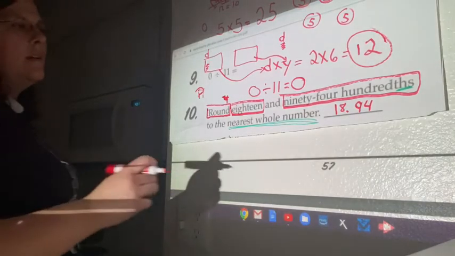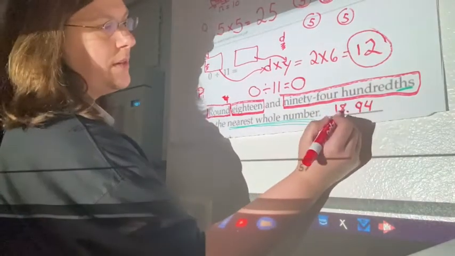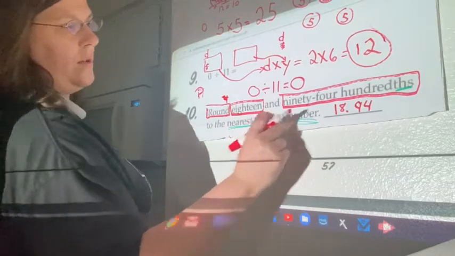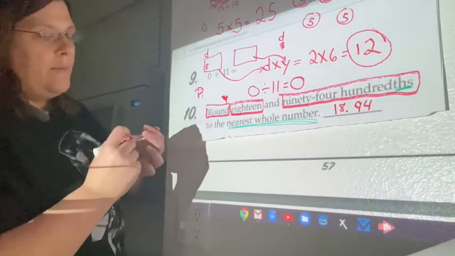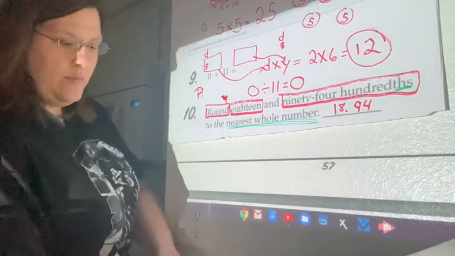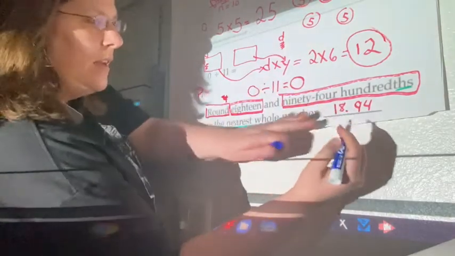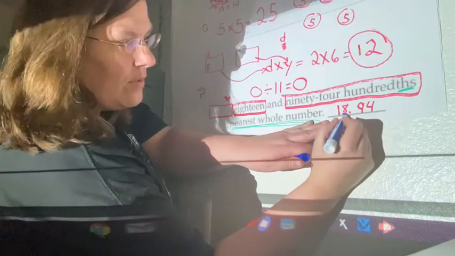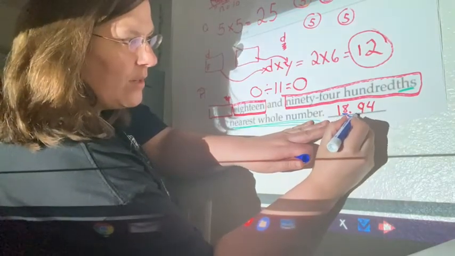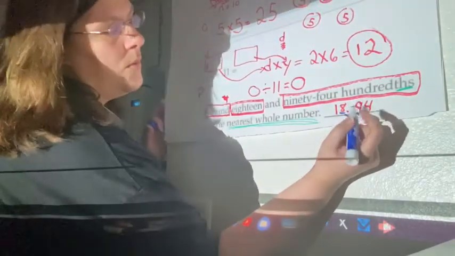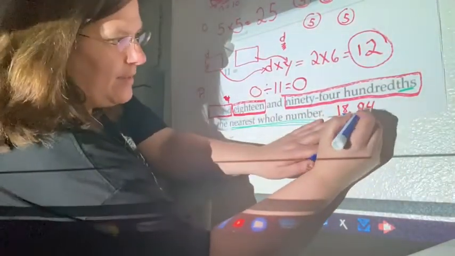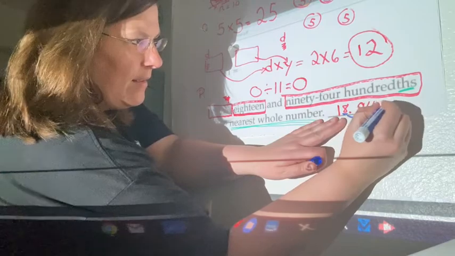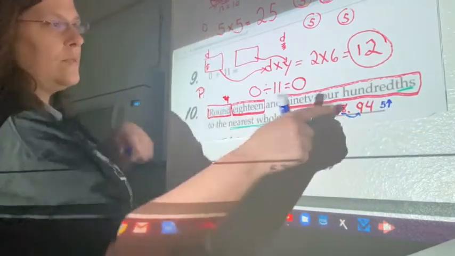Now, when we go look, we want to do it to the nearest whole number. So I'm going to underline my whole number in blue. So glad I got all these colors. So here's our whole number. When you want to round, all you do is look at the number next to it, the one off to the right. When you look over, if that number is 5 or higher, you just round that up.